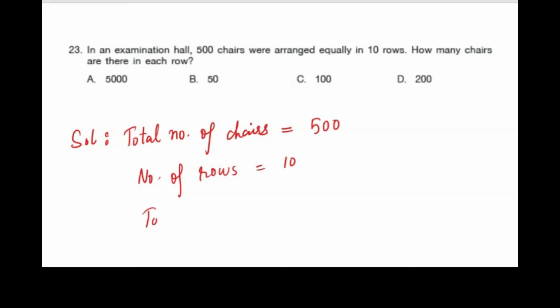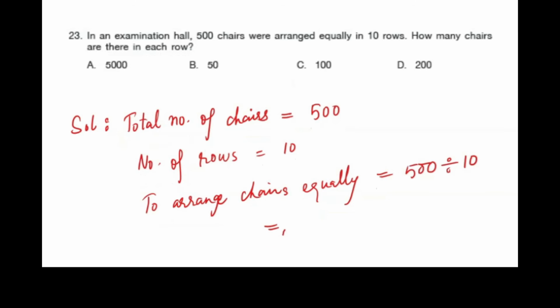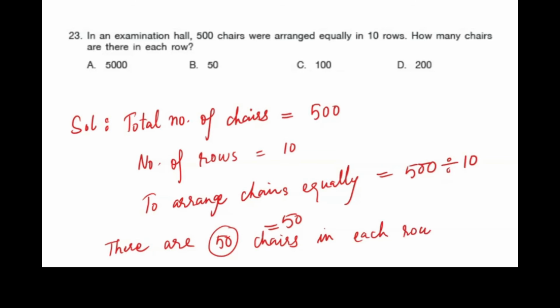So, to arrange chairs equally, 500 divided by 10, we will get 50. So there are 50 chairs in each row. That means option B is the correct option.